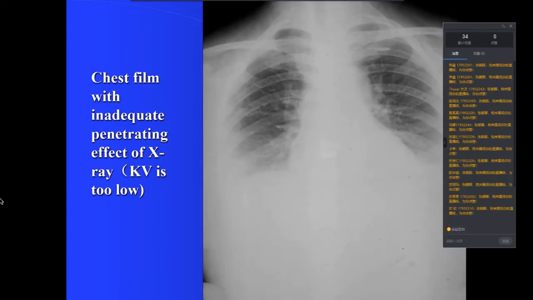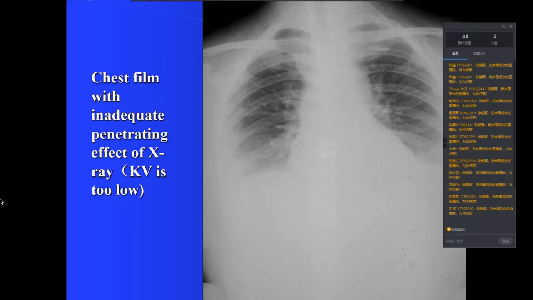The penetrating effect of X-ray is influenced by the voltage applied on the X-ray tube. The higher the voltage the X-ray tube is applied on, the stronger penetrating effect it will have. When the voltage used is too low, the X-ray will become weak, and it may be blocked by tissues that it normally can penetrate through.